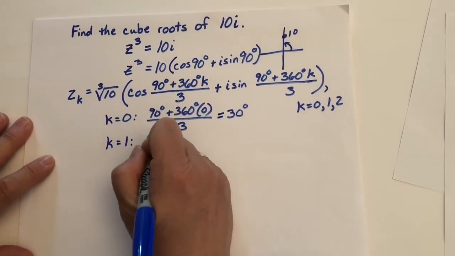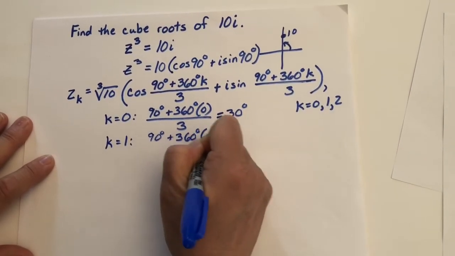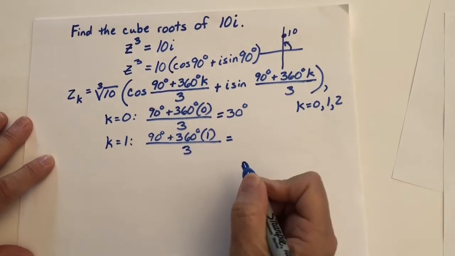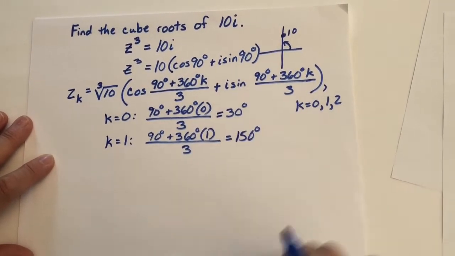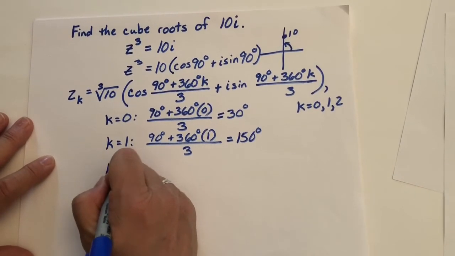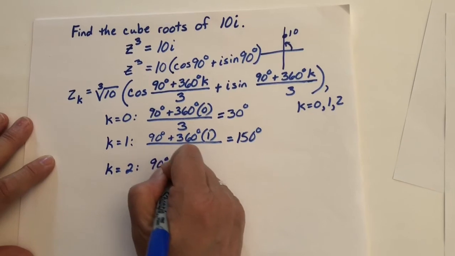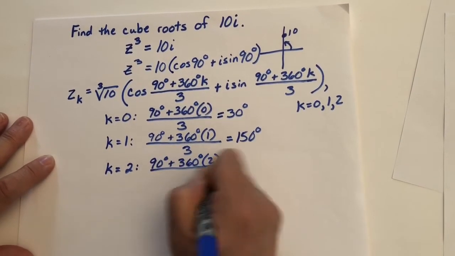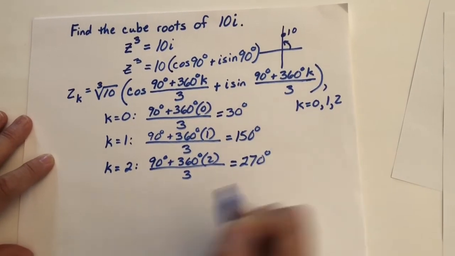And we have 90 degrees plus 360 degrees times 1, divided by 3. And if you do the arithmetic there, you'll see that you have 150 degrees. And finally, we substitute in k equals 2, and we have 90 degrees plus 360 degrees times 2, divided by 3, and we end up with 270 degrees.